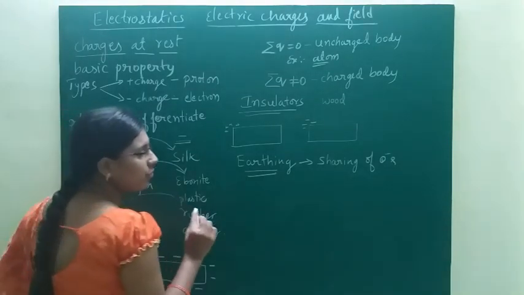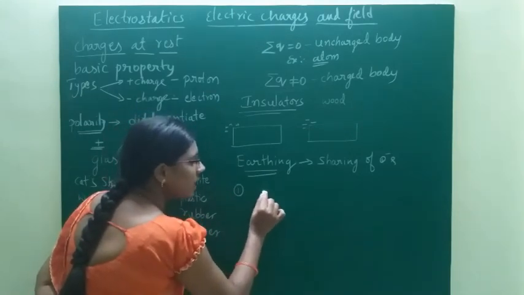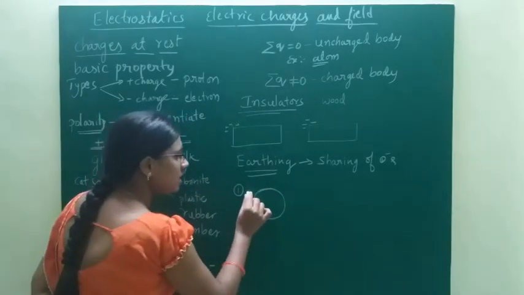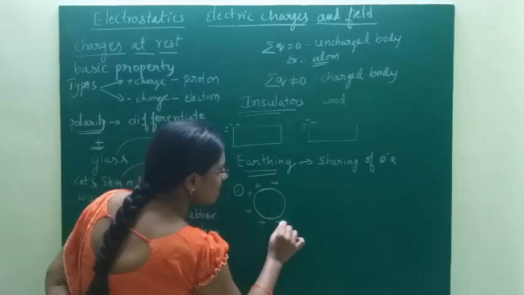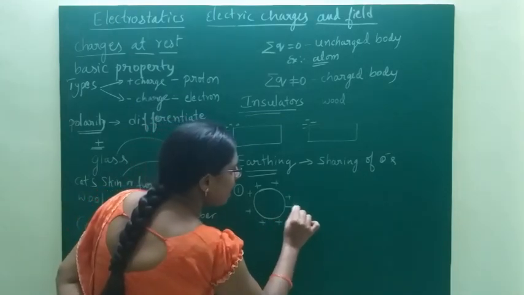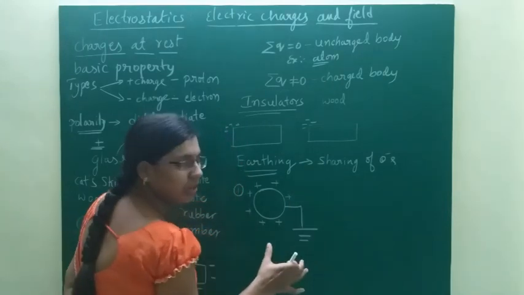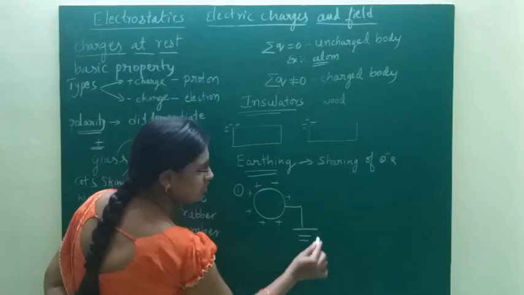Suppose you consider a positively charged conductor, and you connect this positively charged conductor to earth. We call it grounding or earthing, and it is represented by this symbol.